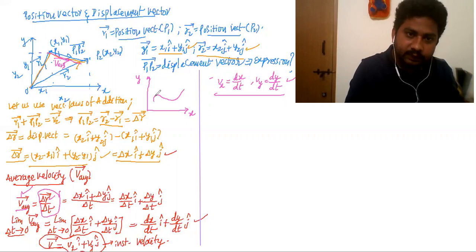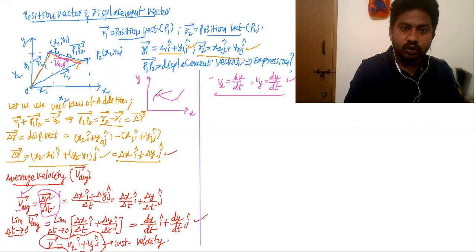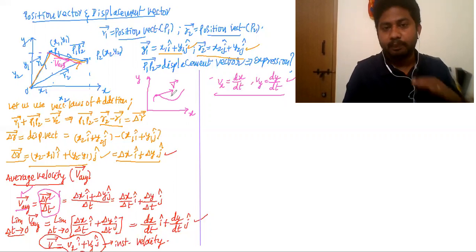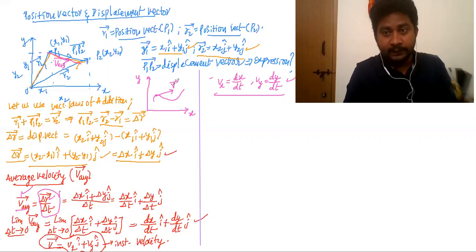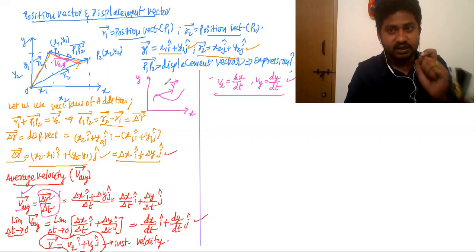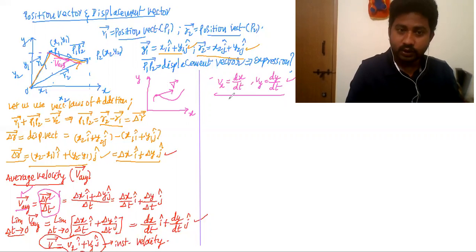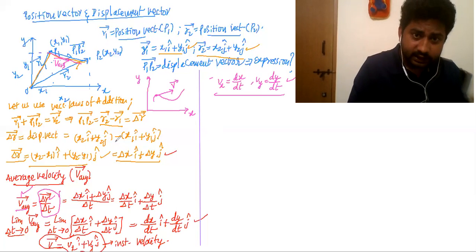At this particular point, if you want instantaneous velocity, you need to draw the tangent. That is the instantaneous velocity direction. So at any point in the path of the particle, if you want to find instantaneous velocity at a particular time instant, you need to draw the tangent.